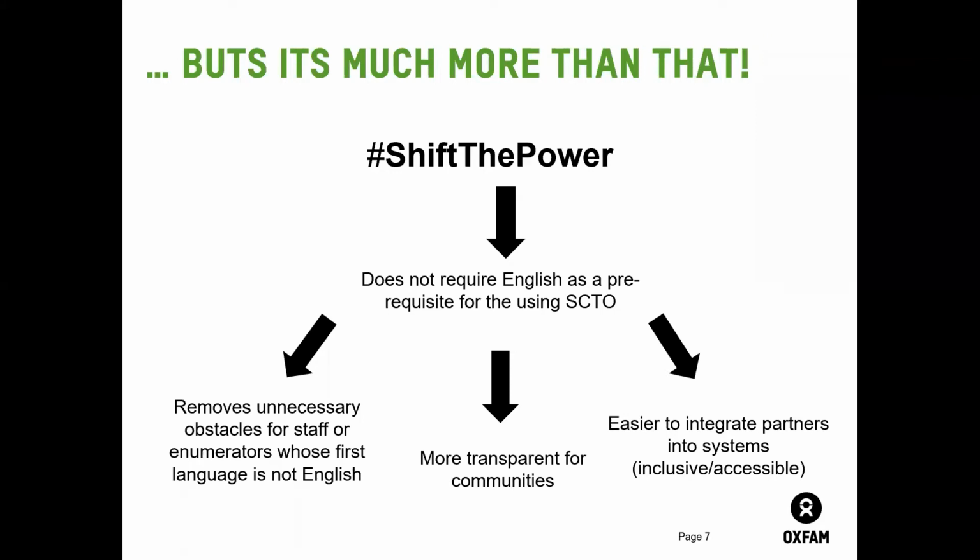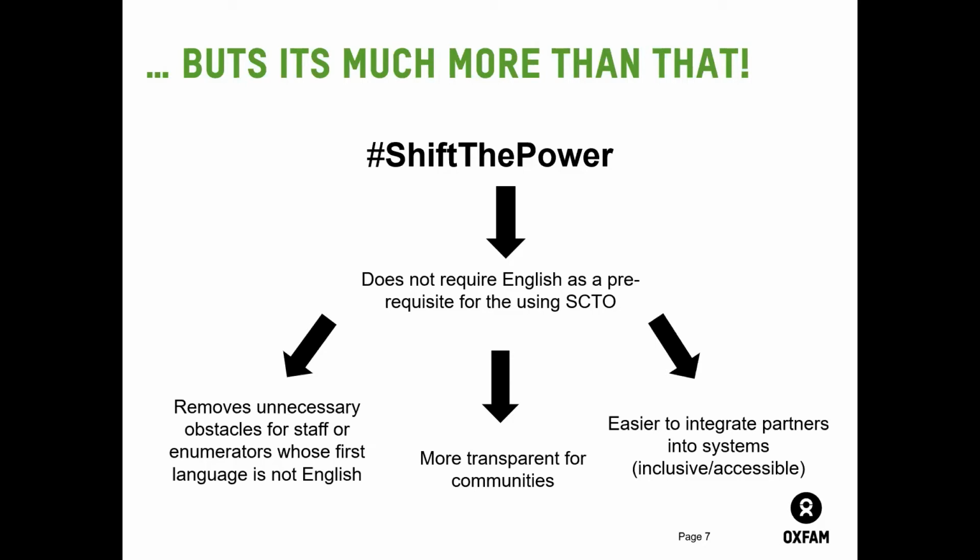In regards to enumerators, firstly, and staff, we said how this makes it easier for people to use the system, which is true, but I think we can go beyond that. It's very likely that historically, we as an organisation have recruited enumerators on their ability to speak some level of English, because of the requirements of SurveyCTO and other systems we've used, that the ability to read technical issues and navigate the system in English has always been an advantage.